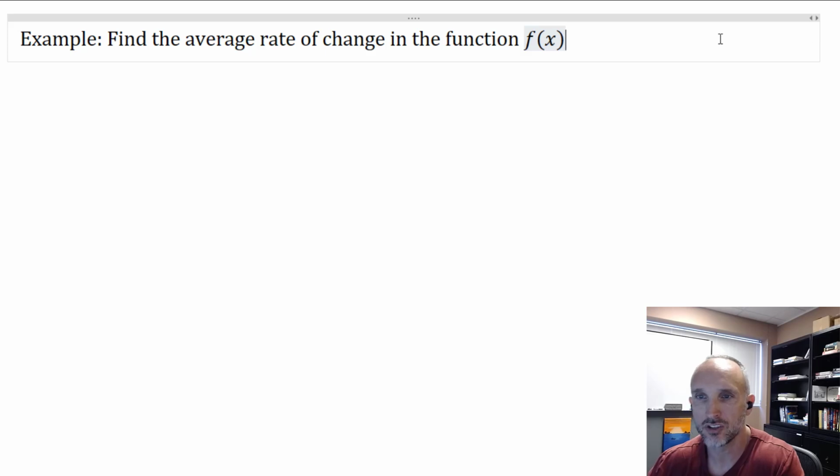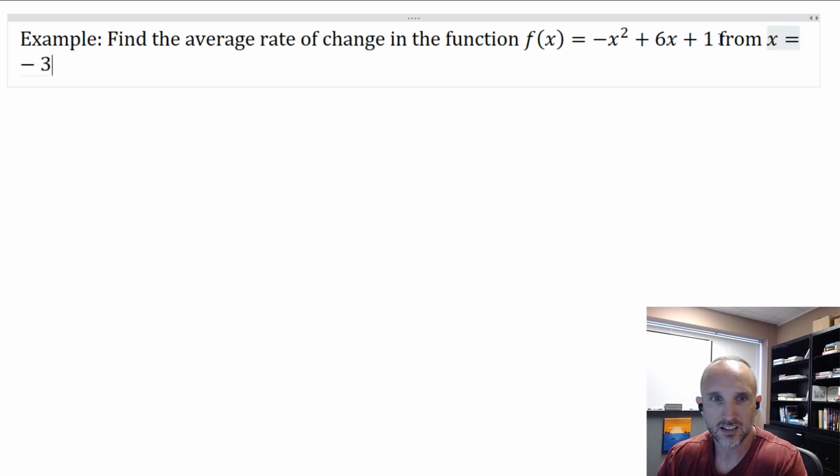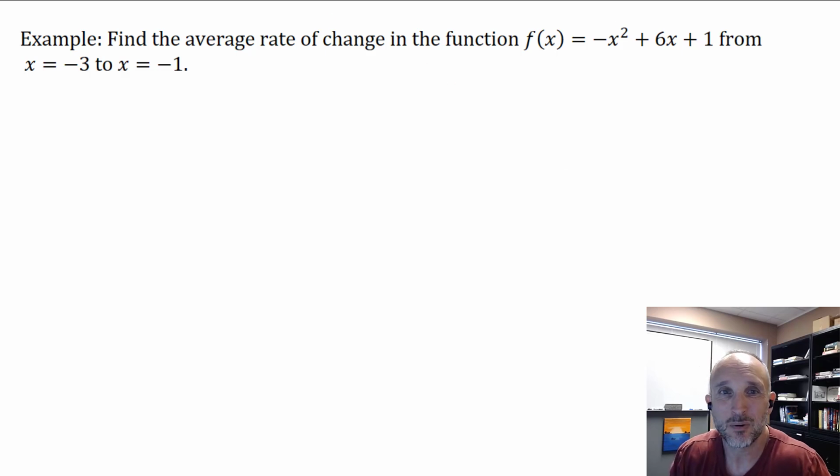Find the average rate of change in the function f of x equals negative x squared plus 6x plus 1 from x equals negative 3 to x equals negative 1. Okay, so a bit more generic. There's no context here. Now we're interested in how much the function changes.